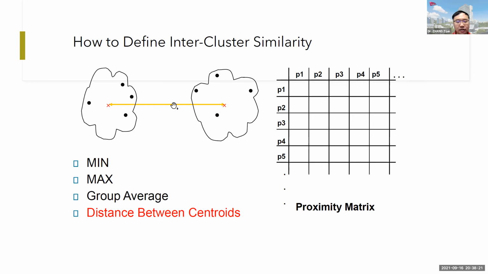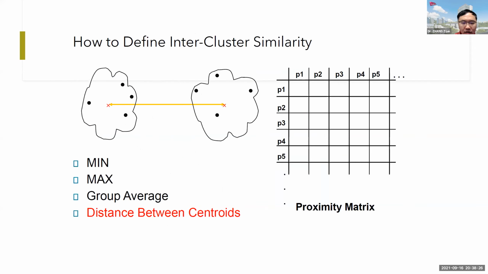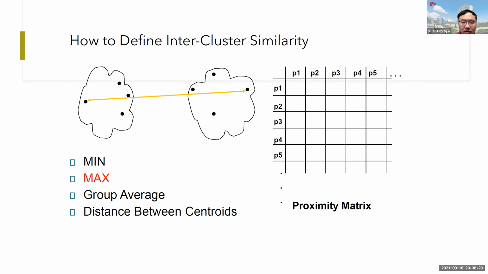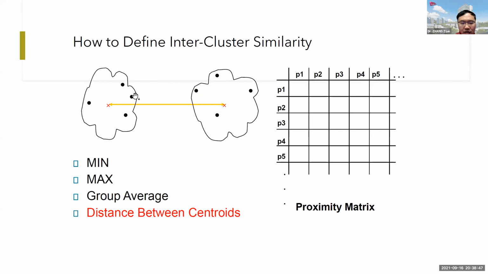In the previous min or max, you have a search process. You still need to compute all the links among the data points and select the maximum one, and the minimal one. The group average, you directly compute all of them, then take an average. And the centroid is the most simple one.